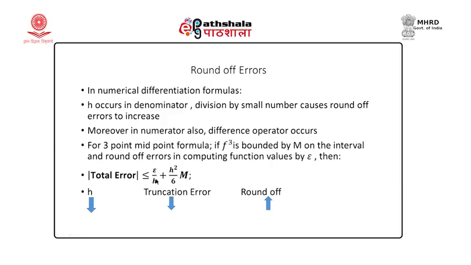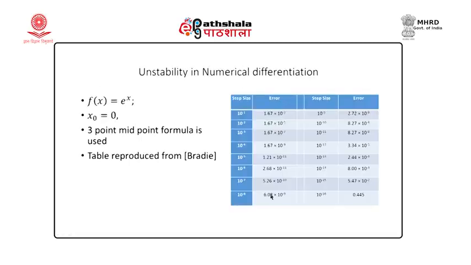So, round off error is of the order of 1 by h. So the result is, to reduce truncation error, we would like to make h smaller and smaller. As we make h smaller, truncation error will reduce in the order of h squared. But the problem is, because it is 1 by h, round off error will start increasing as we make h smaller.